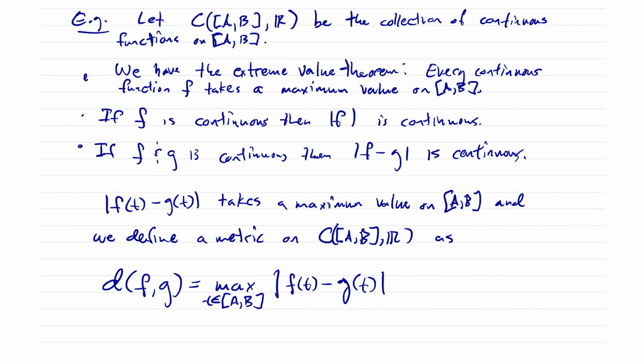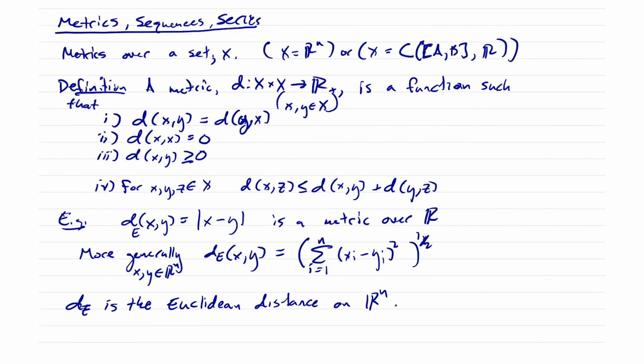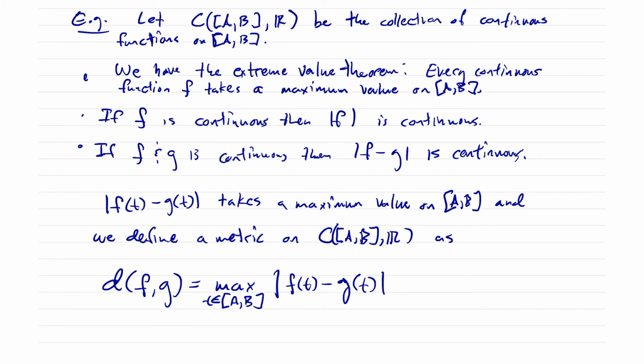So I sort of skipped ahead here. I mean, we haven't even defined what a continuous function is, but we just defined what a metric is, and we're already saying things like the extreme value theorem and all these other things. Really, at this point, I'm just trying to give you an idea of a couple of examples of metrics, and we will fill in as we go.